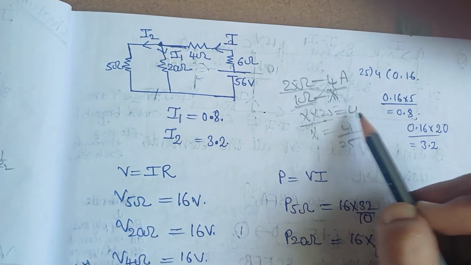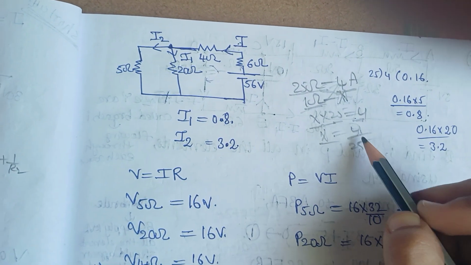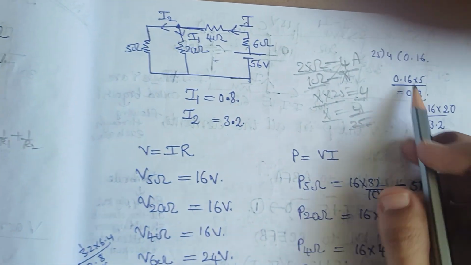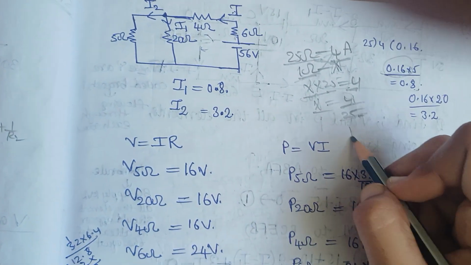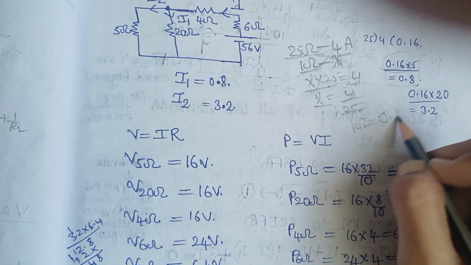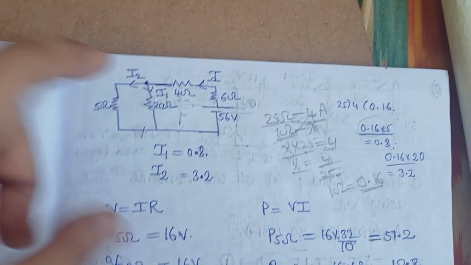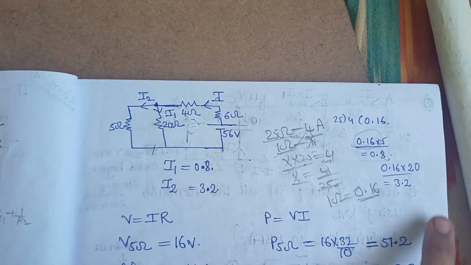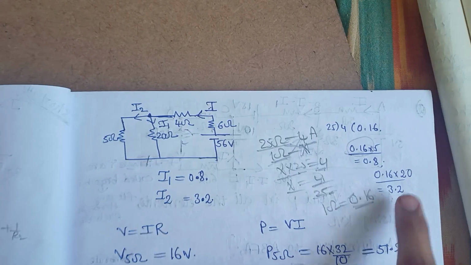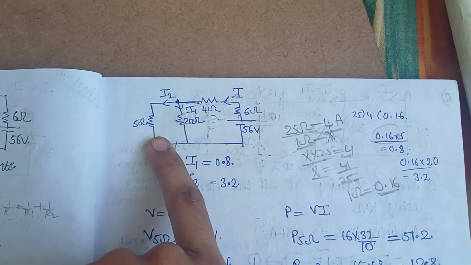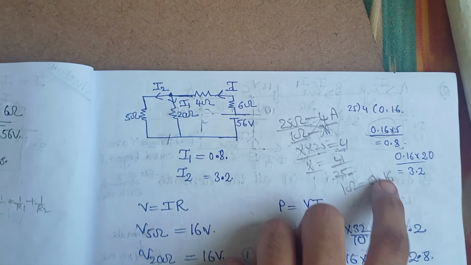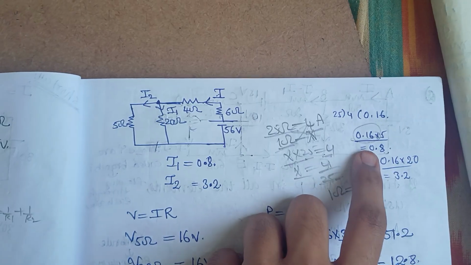We'll get x into 25 is equal to 4, x is equal to 4 by 25, which is nothing but 0.16. That means for 1 ohm, we'll get 0.16. But here, since we have 20 ohm, 0.16 into 20, which is 3.2. And for the 5 ohm, 0.16 into 5, which is 0.8.